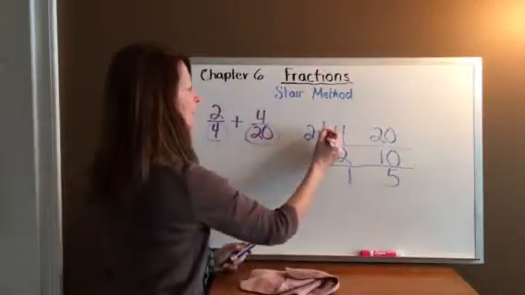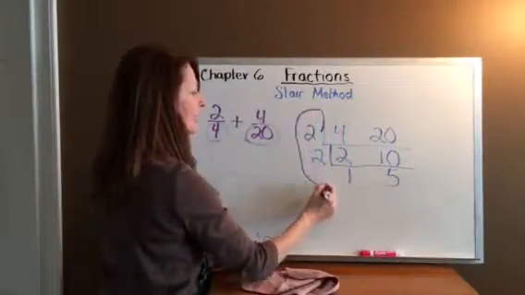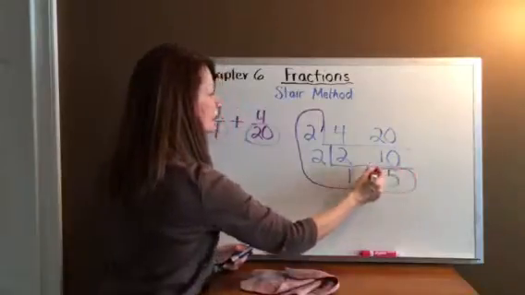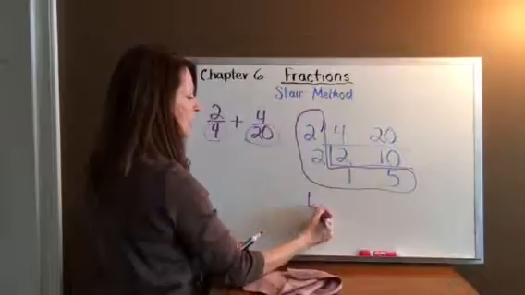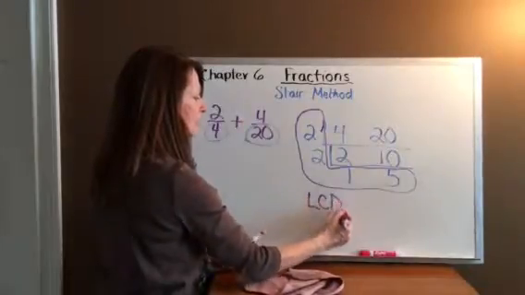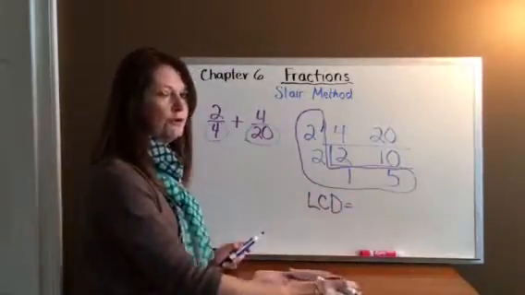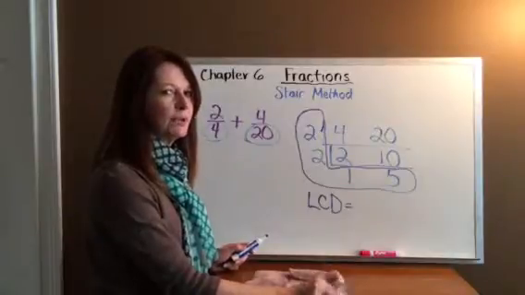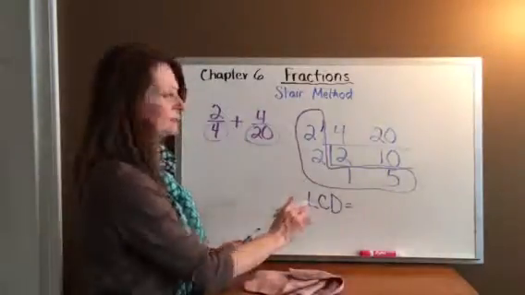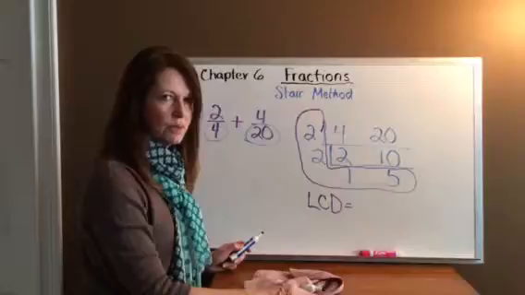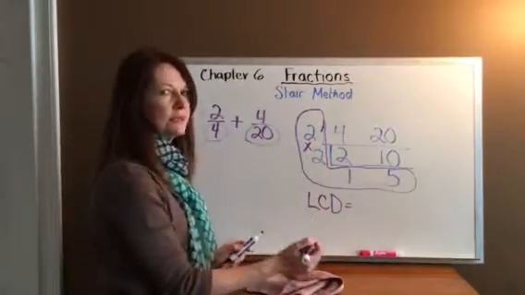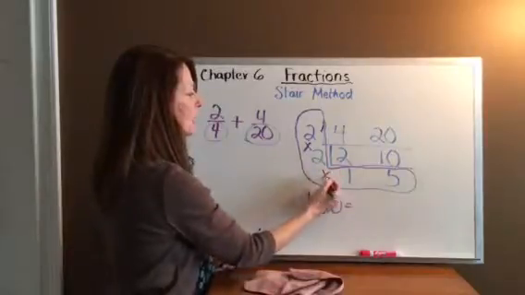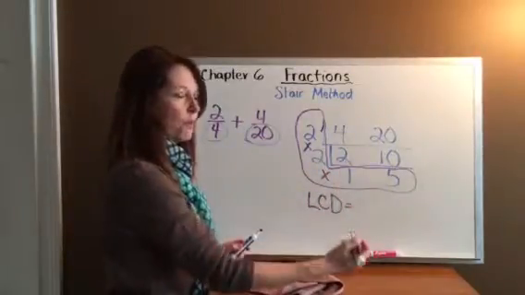Ready? Make your L. So everything on the outside and the entire bottom, that makes an L shape. That will be our least common denominator. Some people will also refer to that as the least common multiple, the LCM or the LCD. Same thing. Don't worry about it, okay? All right, so 2 times 2 is 4. 4 times 1 is 4.